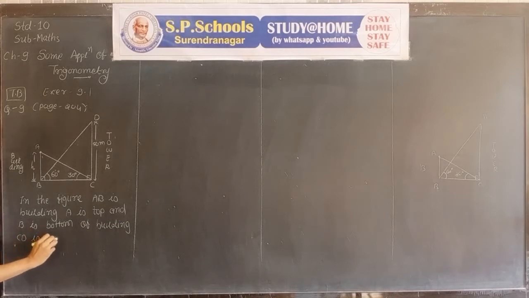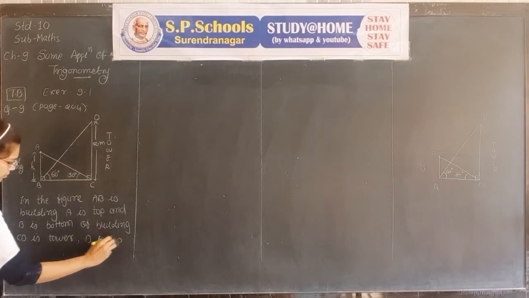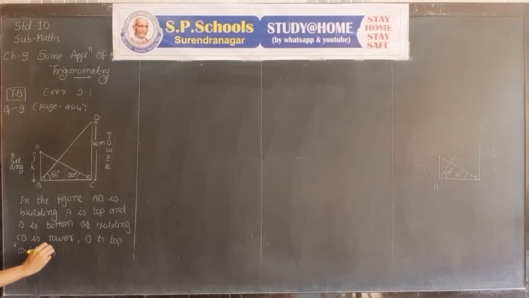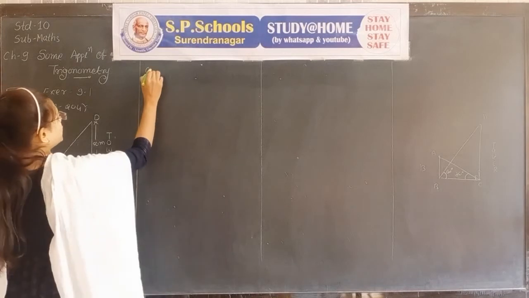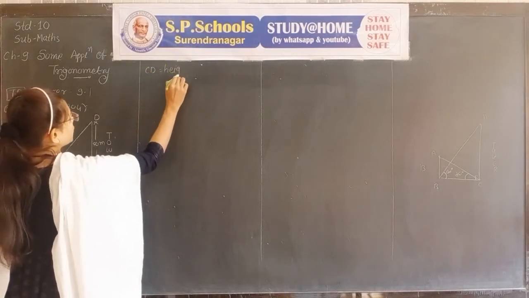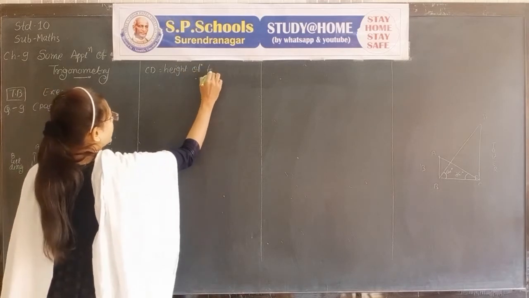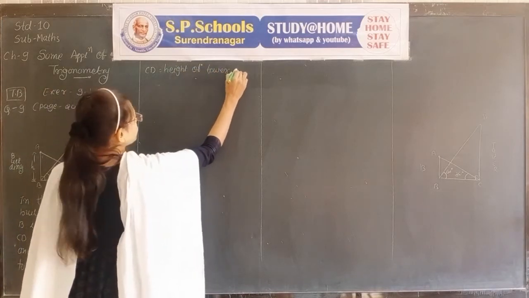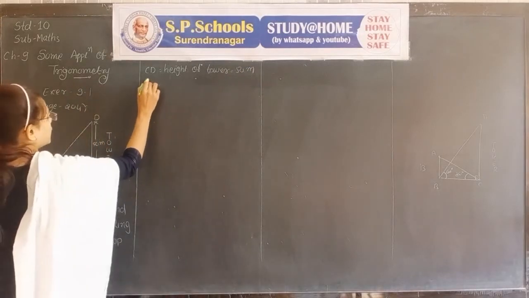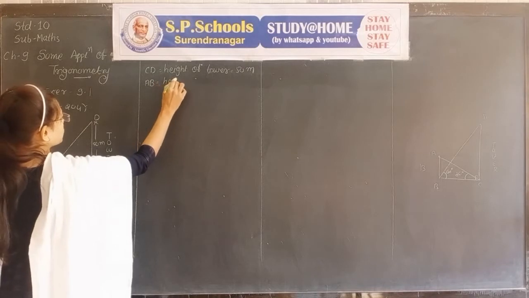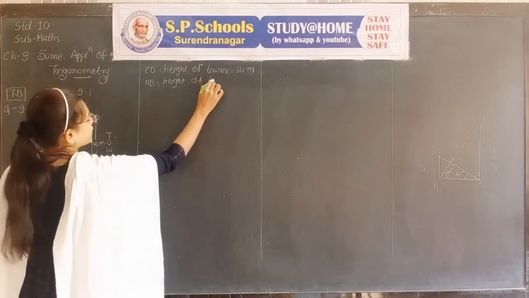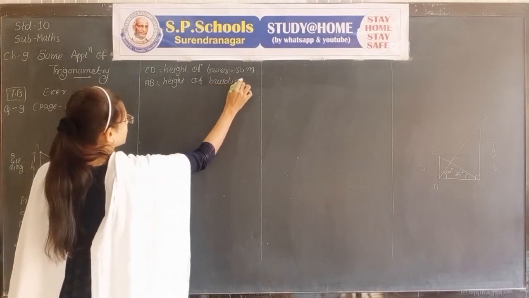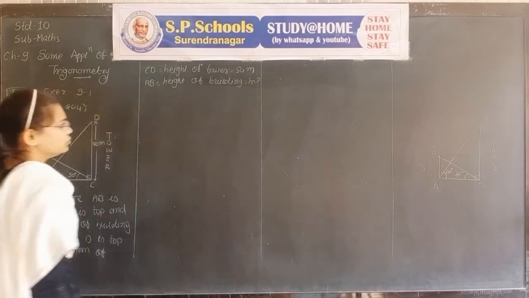CD is the tower, D is the top and C is the bottom of the tower. The height of the tower is given: CD equals 50 meters. AB, the height of the building, equals H equals question mark.